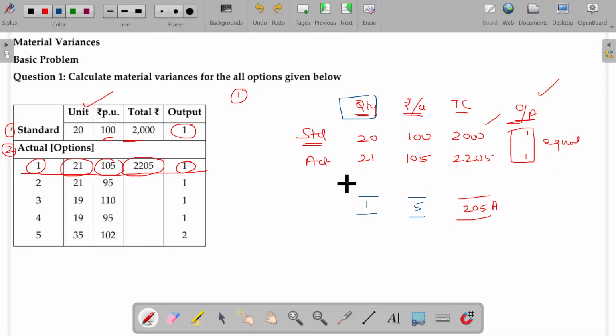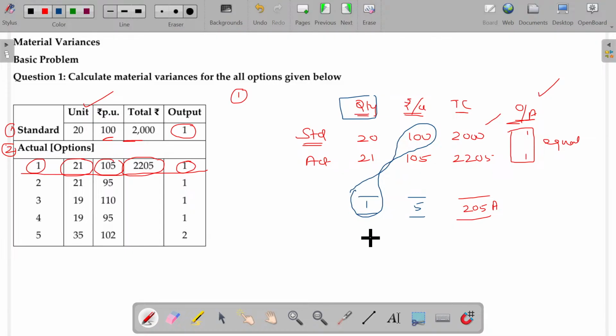Now tell me, as per your standard, how much are you spending here? You consumed 1 unit excess as per your actual cost. Come on, tell me what's the value you are getting. 1 unit you are consuming more at the standard cost.